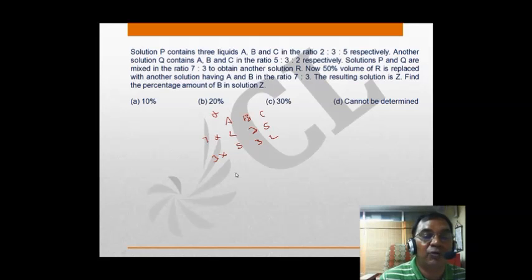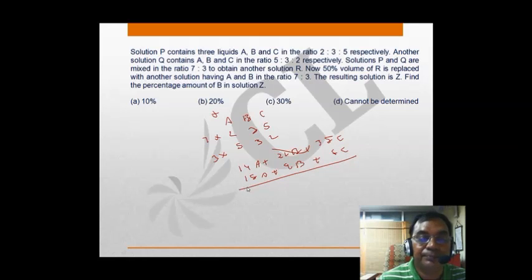So I'll just calculate. First, once again, 14A plus 21B plus 35C. Second, 15A plus 9B plus 6C. So the net comes to 29A plus 30B plus 41C.